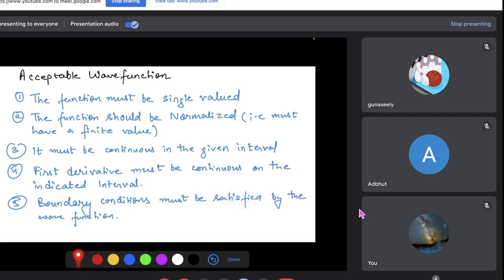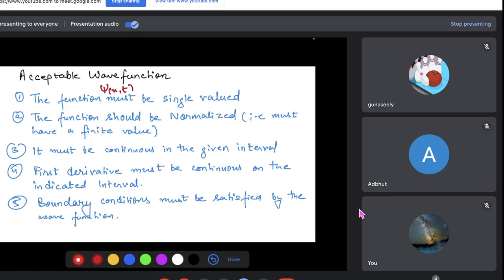system or particle. The function must be a single valued function. And the second point is that the function, when I'm talking about the function, I'm talking about the wave function psi(x,t), should be normalized.